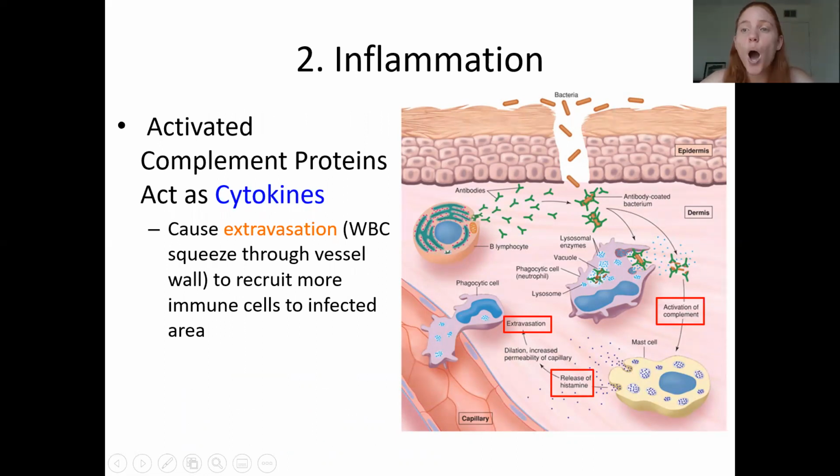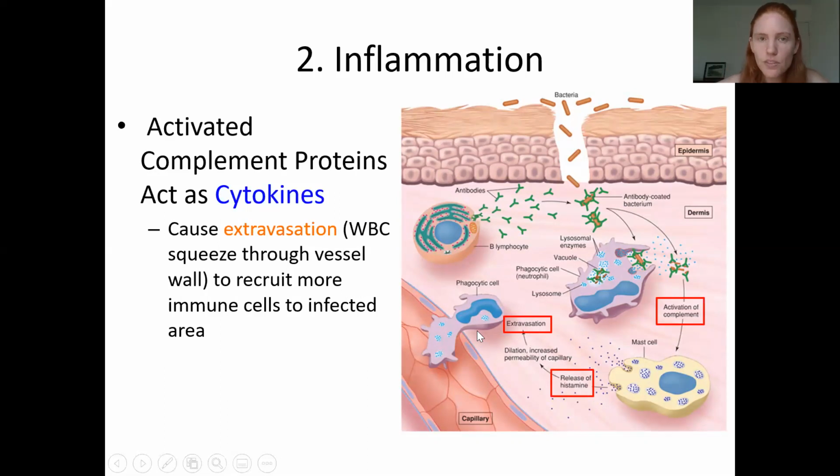For example, a common cytokine is histamine, which you might know from antihistamines, which are the drugs that help prevent histamine release. Okay, and what the histamines do then is they make those capillary beds nice and leaky. That's going to draw in liquid, and along with the liquid, you're going to do extravasation, help recruit more innate immune cells to help clear up the infection.